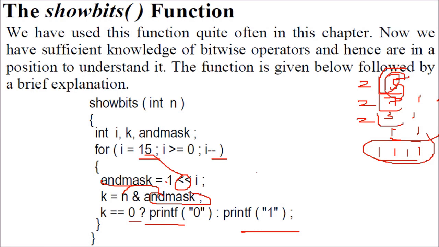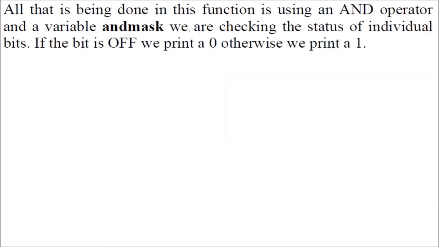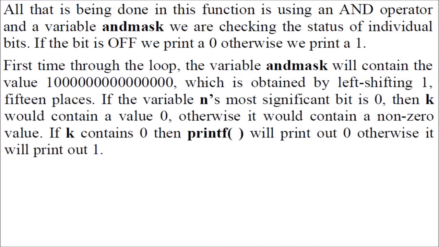So every time you print 0 or 1, you get a bit stream which is the equivalent of the decimal number which you pass in this function. As we just said, you are left shifting by 15 places. If the most significant bit of the variable n is 0, k would contain a value 0. Otherwise, it would contain a non-zero value. So if k contains 0, then printf will print out 0. Otherwise, it is going to print 1.